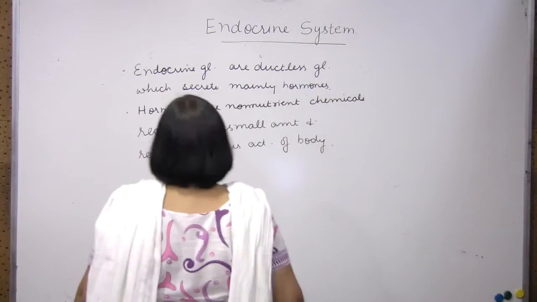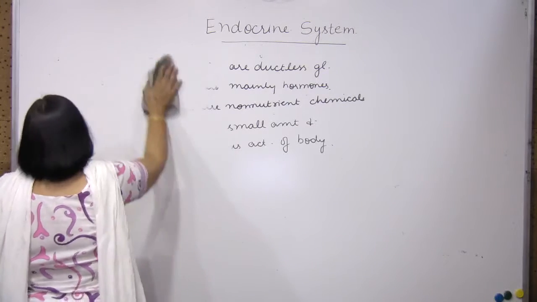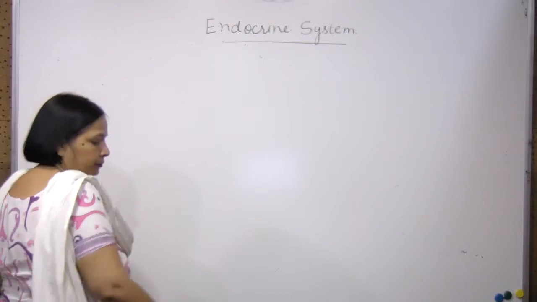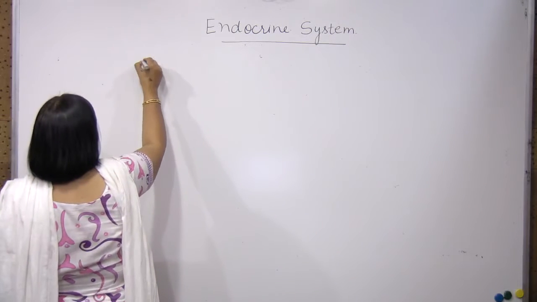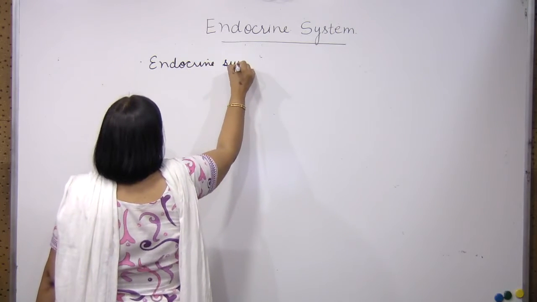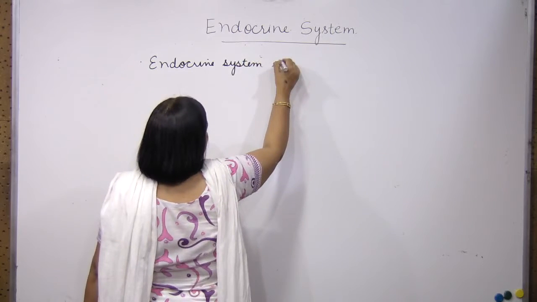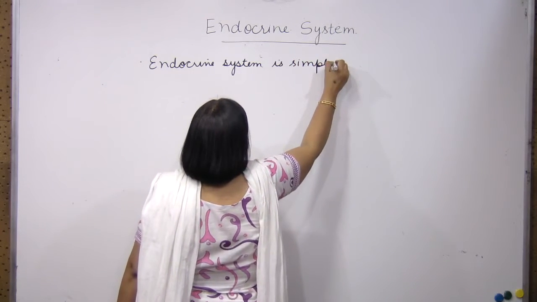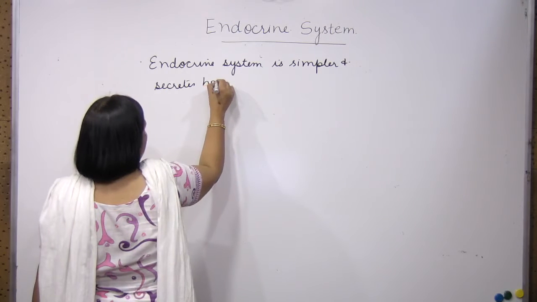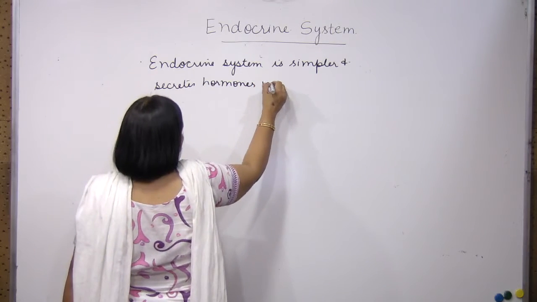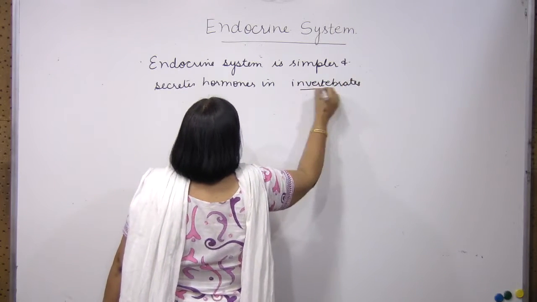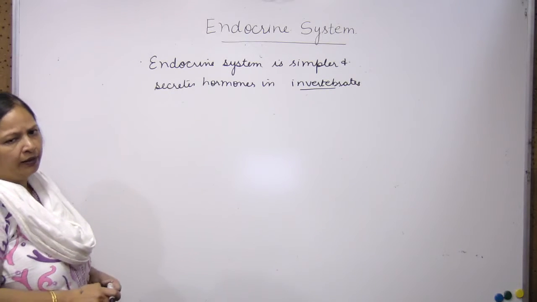So let's see further. Endocrine system is simpler and secretes few hormones in invertebrates such as insects; there are few glands, there are few hormones.